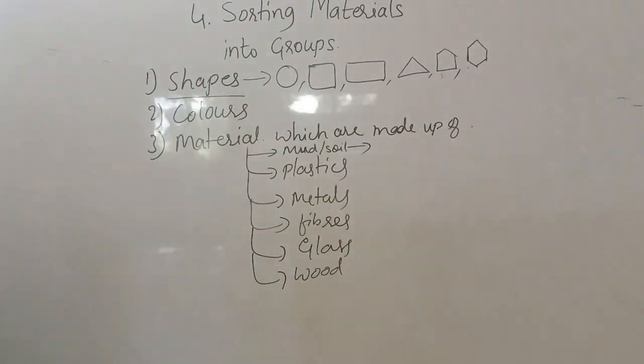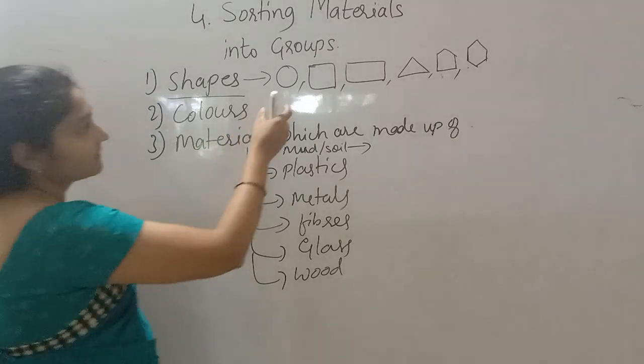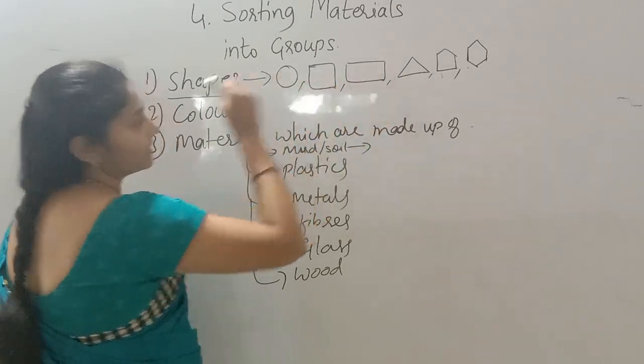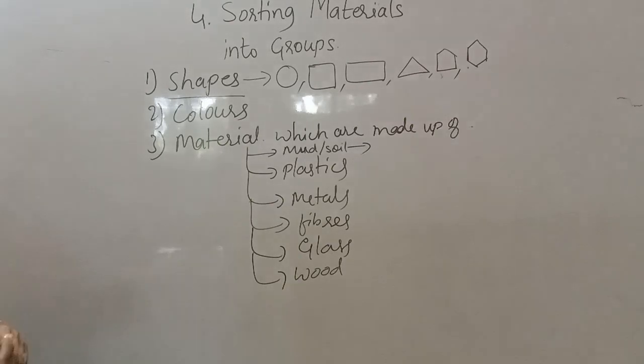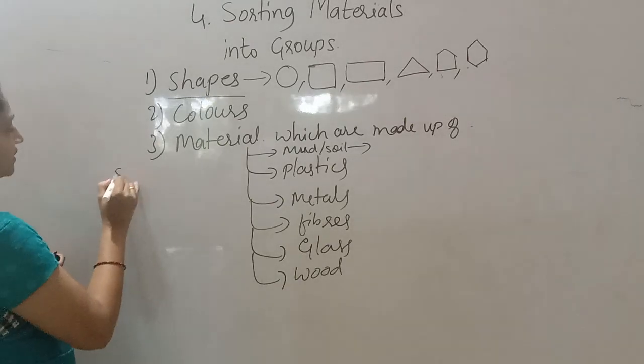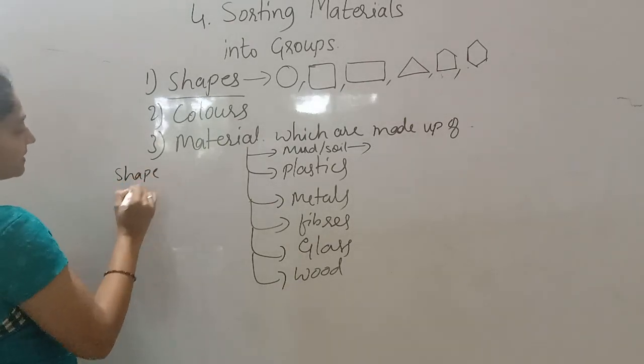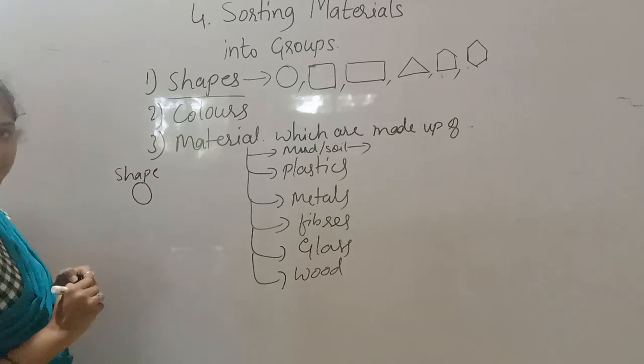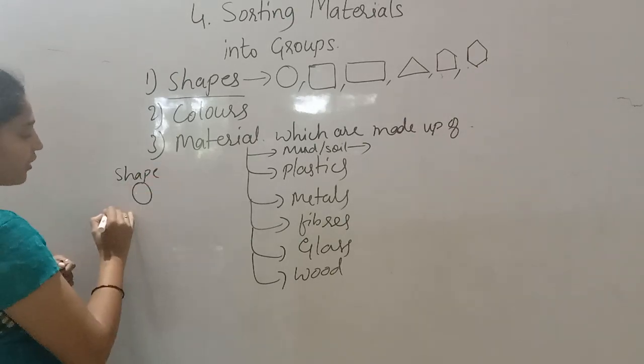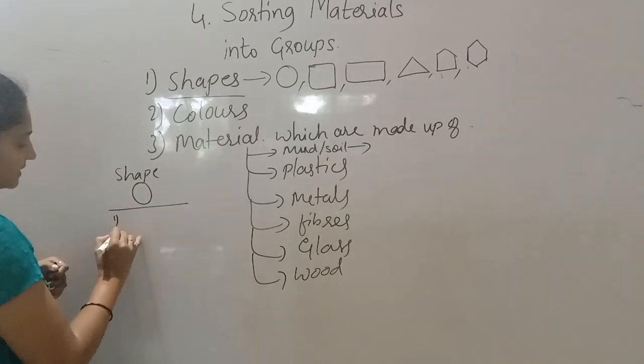So here, what all the objects are there which show the shape of these? Then write down here the object that makes a shape. What is the shape? Circle. If I am considering the circle shape, then write down all the objects one by one.